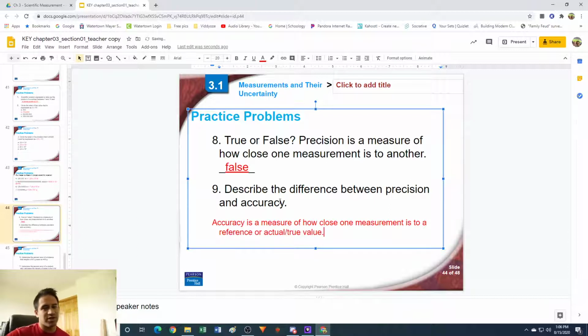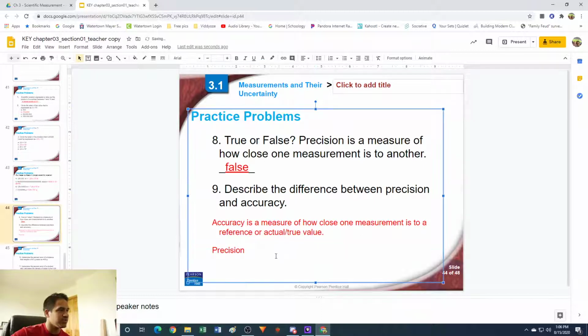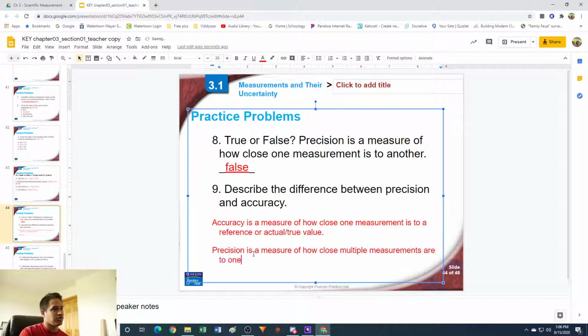Okay, so accuracy is a measure of how close one measurement is to a reference value, or an actual or a true value. Whereas precision, let's just drag this down a little bit so we can see this better. Precision is a measure of how close multiple measurements are to one another. Okay, so how close multiple measurements are to each other.